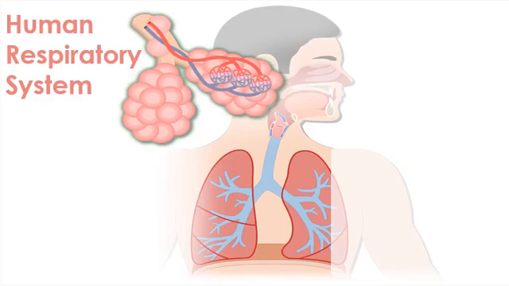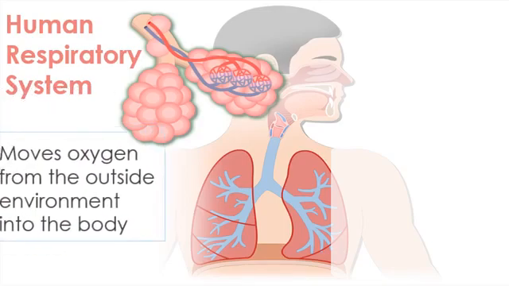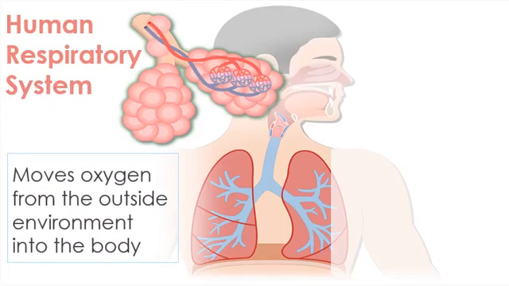So the respiratory system moves oxygen from the outside environment into the body. Again, let's read. Moves oxygen from the outside environment into the body. So this system helps your body absorb oxygen from the air so your organs can work.